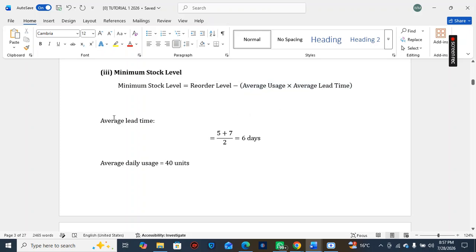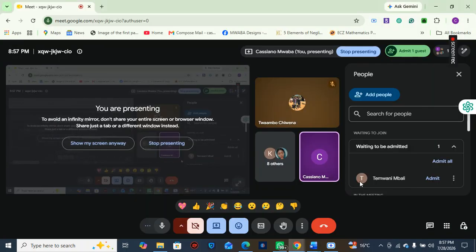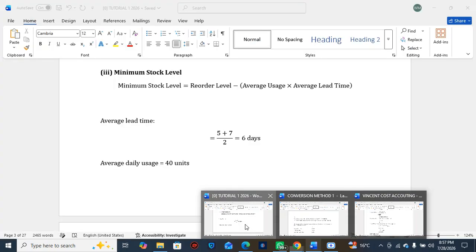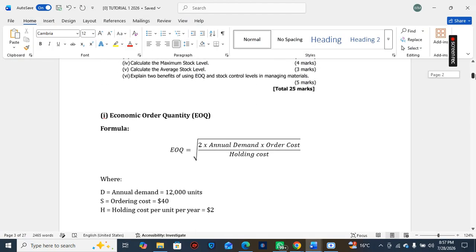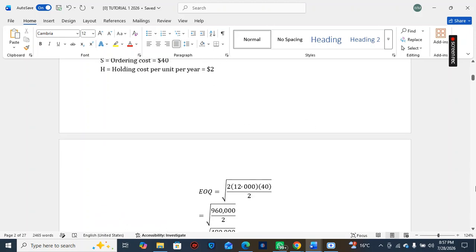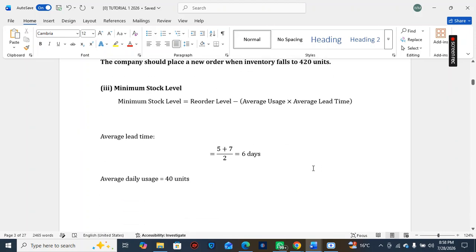For the average lead time, you just say 5 plus 7. I hope you remember where these 5 and 7 are coming from: 5 to 7 days. So 5 plus 7 is 12, divided by 2, average lead time is 6 days. We already have our average daily usage, which is 40 units, and we already have our reorder level.